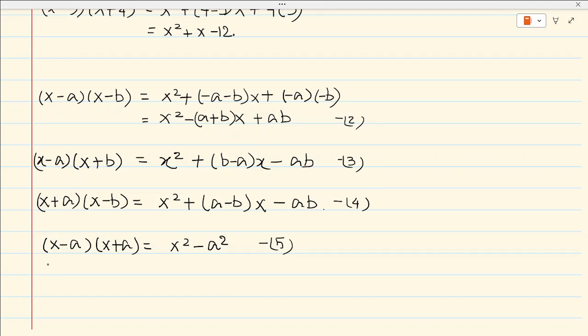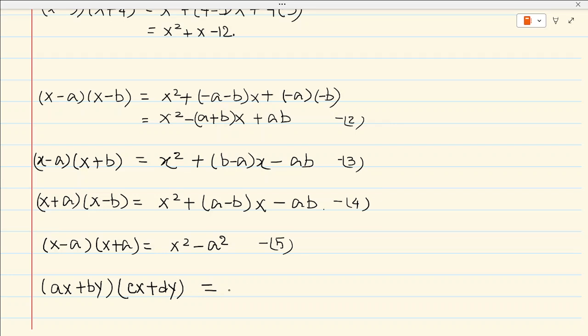Another thing: if I am asked to multiply two quantities, ax plus by into cx plus dy, what will be the product?